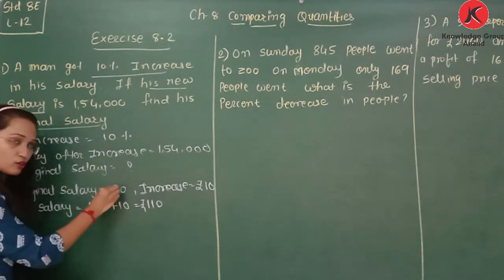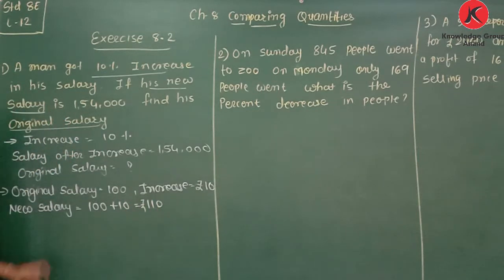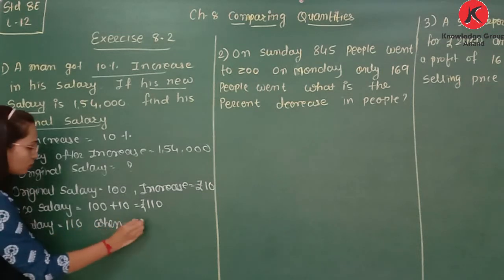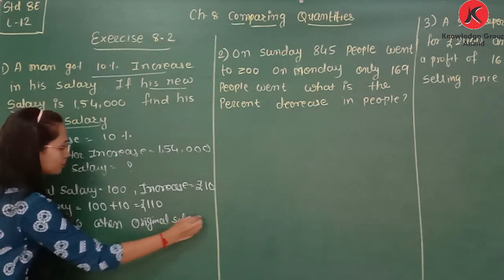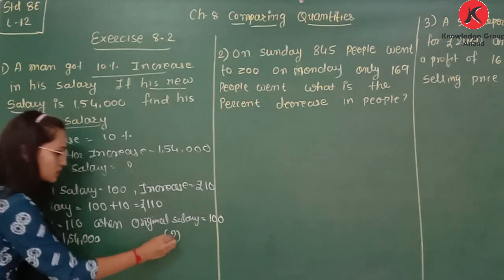If we consider 100 rupees original salary and 10 rupees increase, then the new salary is 110. But our new salary is 1,54,000. So the new salary is 110 when the original salary is 100. But our new salary is 1,54,000. So what is the original salary?